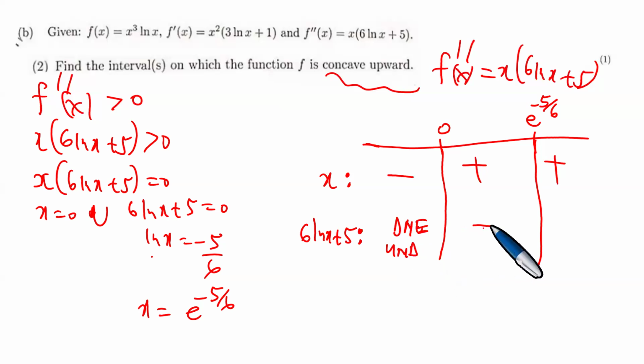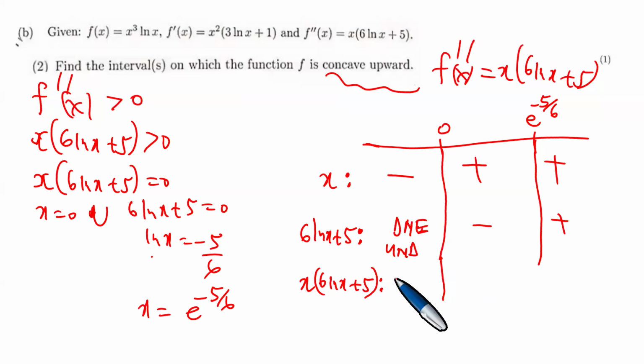And this one is negative, and this one is positive. Then you do the product x(6 ln x plus 5). Multiplying these two, undefined on one side, and on the other, negative times positive gives a negative, and positive times positive gives a positive.